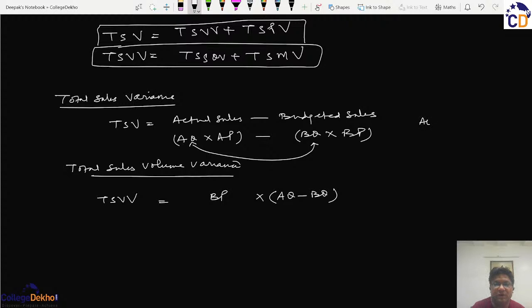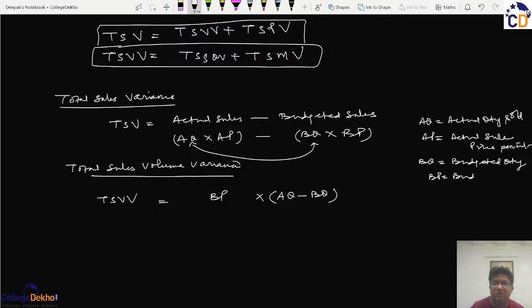Just for no confusion, I'm writing AQ denotes actual quantity sold, AP denotes actual sale price per unit, obviously, because sale price is always per unit. BQ denotes the budgeted quantity, that is the quantity to be sold, and budgeted price is obviously the budgeted sale price per unit.